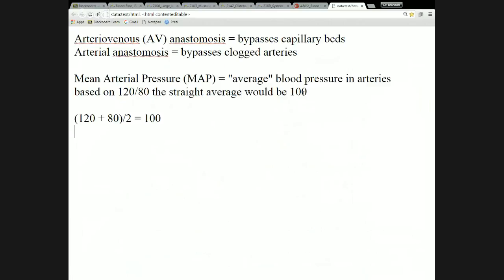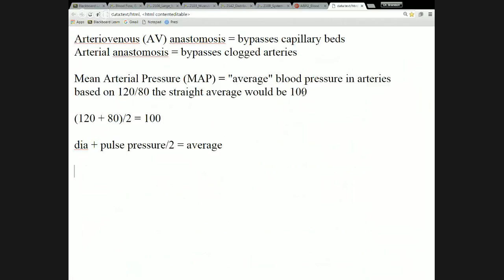Now, I want to introduce another way to get to the same value, 100, which is to take the diastolic pressure plus the pulse pressure divided by 2. That'll equal the average.